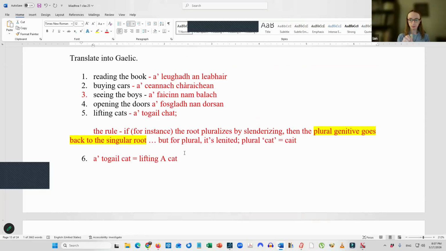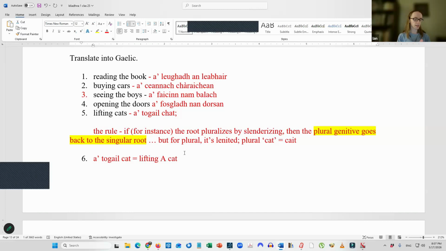Those are two separate things happening as we put that noun into the form. Yes. If it can lenite, it lenites, and also it follows the genitive rules for the indefinite. You'll note that it doesn't lenite for the definite.